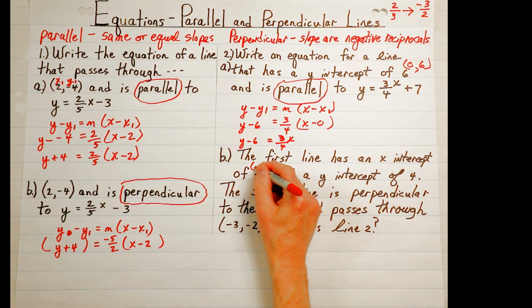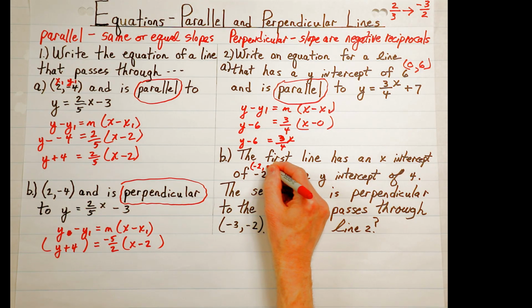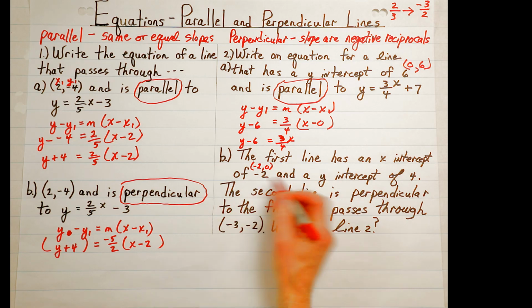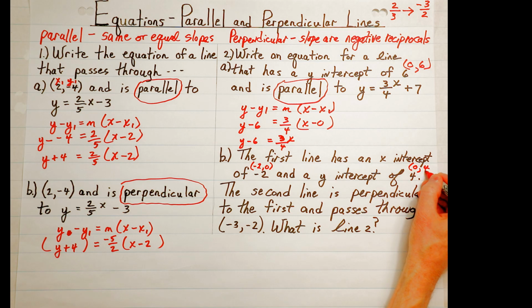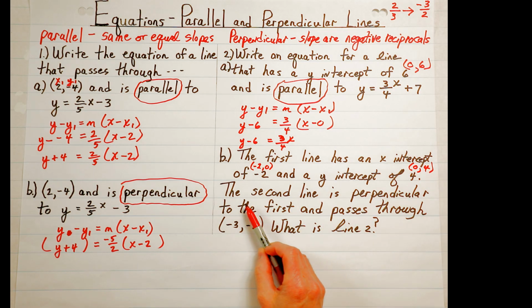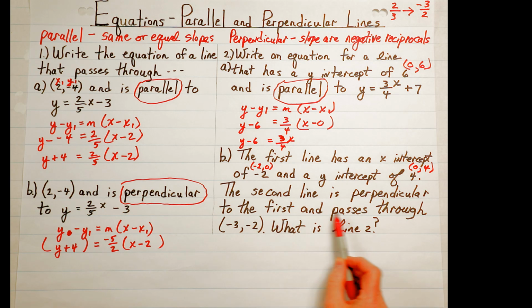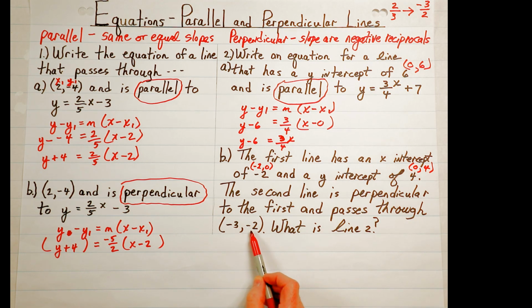So to make it a little bit easier, I'm going to write them as (2, 0), because that's the x-intercept, and the y-intercept is going to be (0, 4). The second line is perpendicular to the first and passes through (-3, -2). What is line 2?